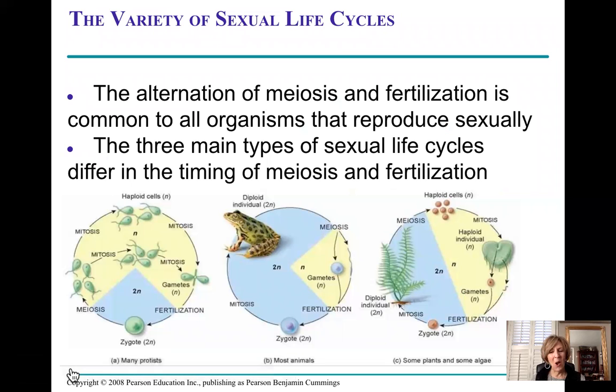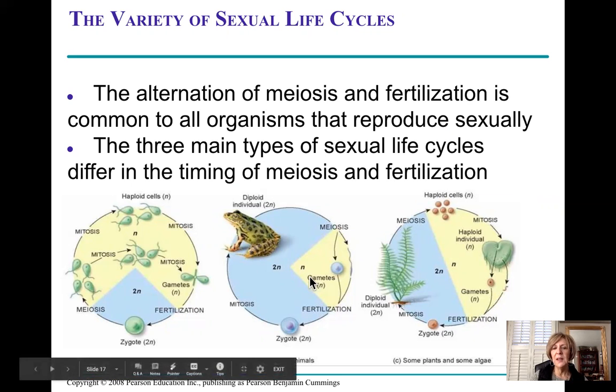But not all living things go through the same, what we call sexual life cycle as humans do. And so I want to start off with animals, which is what we are, because that's familiar to us. But then I'm going to show you some other ways of reproducing sexually that are kind of strange to us because they're not familiar to us.